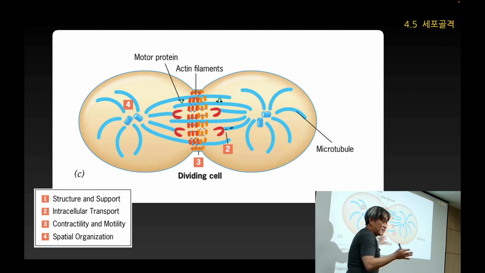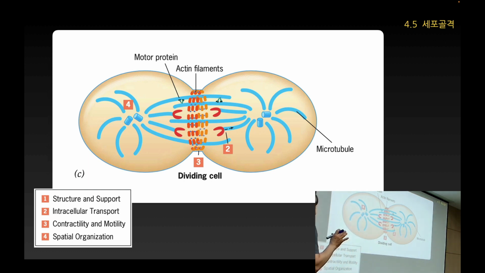At the same time, the cell shape, the cell membrane being separated, is one thing, which is very important, but that's not all. Probably more important during cell division is that you have to divide each chromosome.